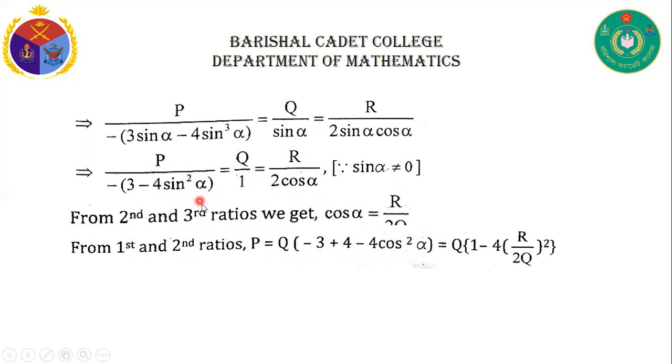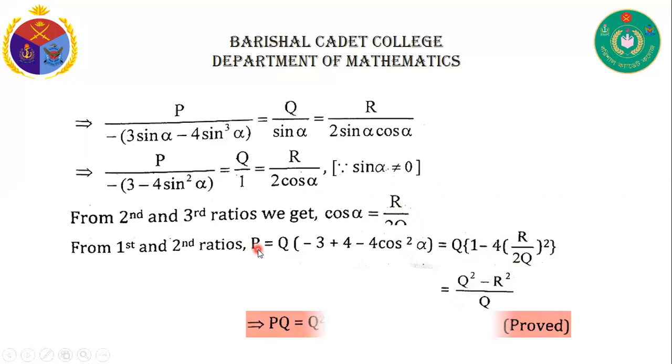We know that sine square alpha equal to 1 minus cos square alpha. And we use the value of cos alpha, that's Q into (1 minus 4 times R by 2Q whole square), that is Q square by Q minus R square by Q. So you finally find the value of the ratio.